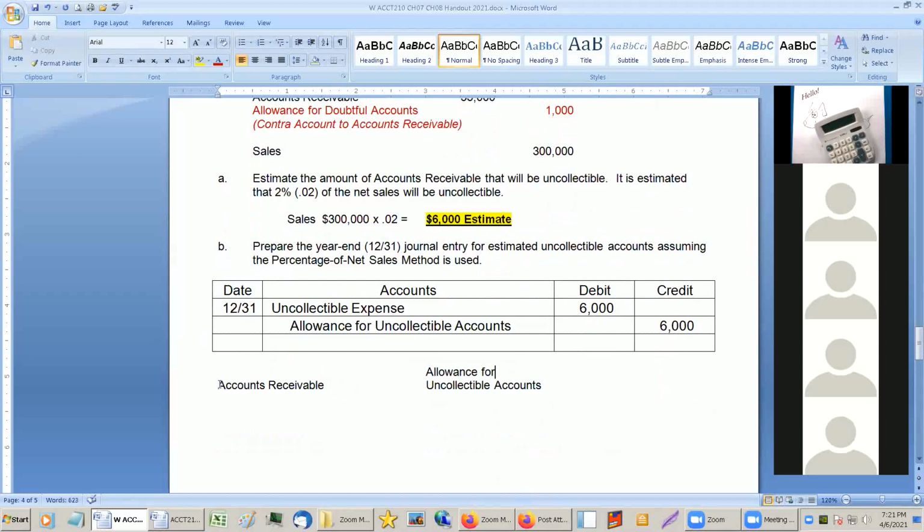Okay. Again, this is probably going to look terrible, but you get the idea. So we have 55,000 sitting in the accounts receivable.